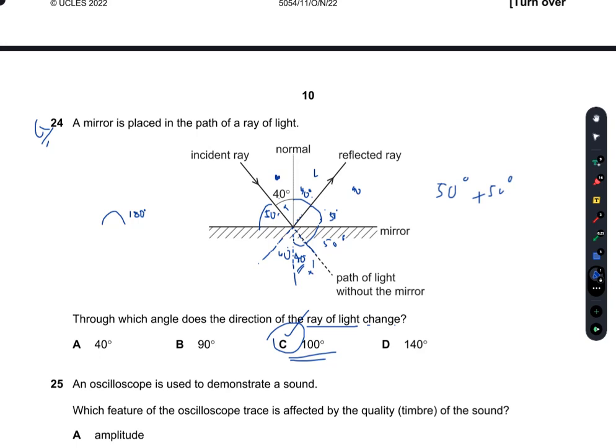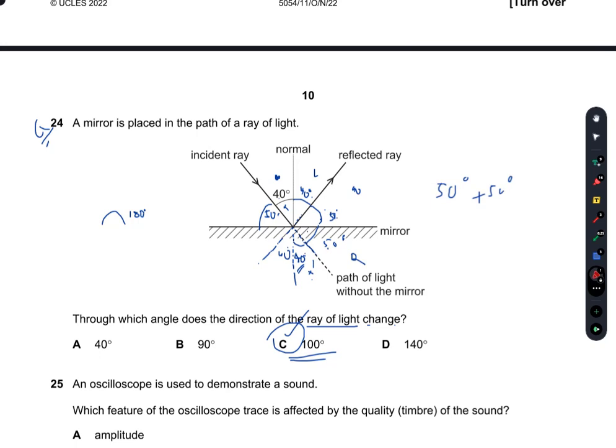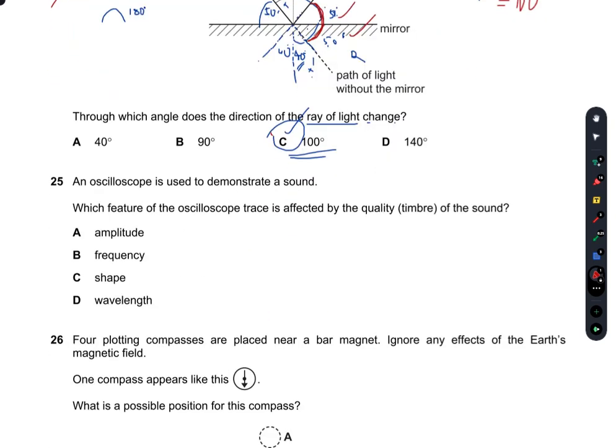Then there should be a 40 angle here as well, and this 40 angle is equal to this 40 because of the alternate angles. Now there should be a 90 on this region. There is already a 40, so there would be a 50 again. So 50 plus 50, I am finding this angle actually, that is 100 degrees. So C is the right option.